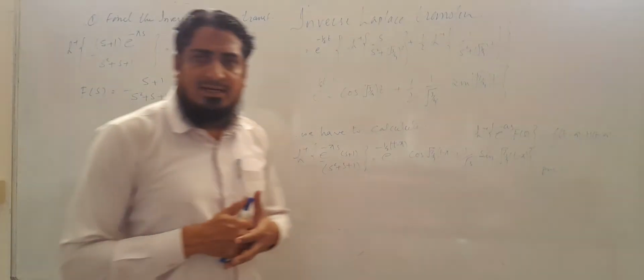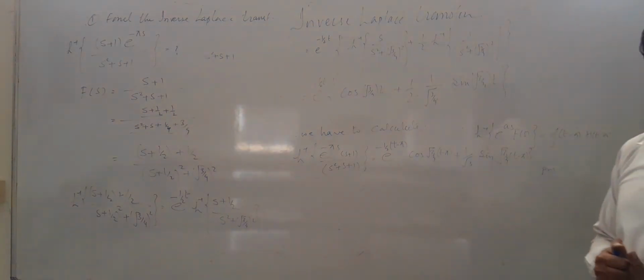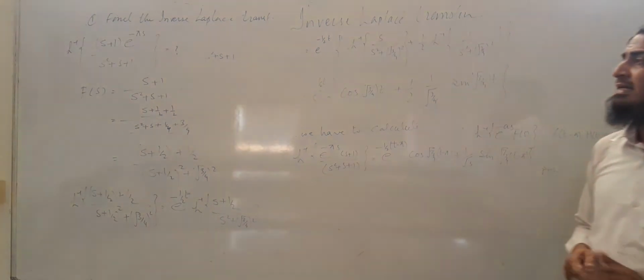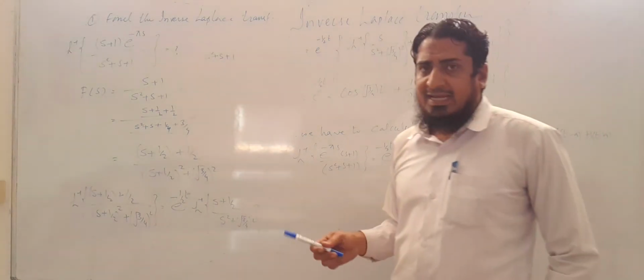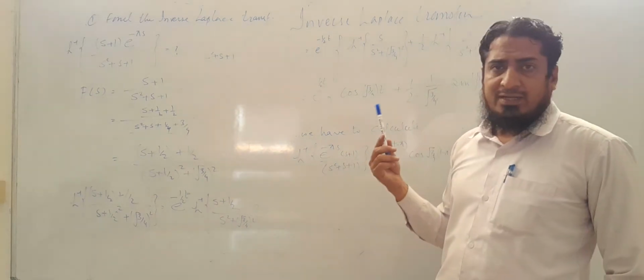It is somewhat lengthy, but it uses very basic theorems from our inverse Laplace transform chapter. So it is an example which contains e raised to something in the numerator.